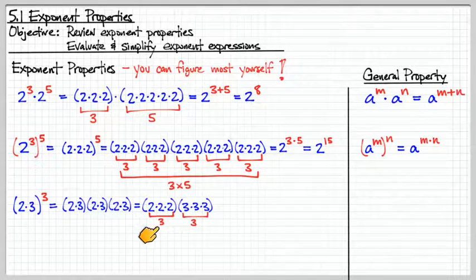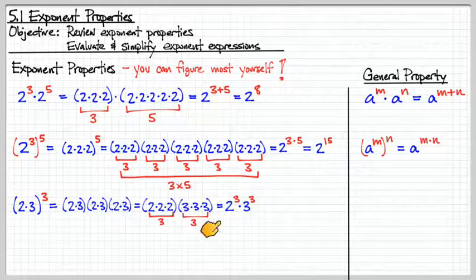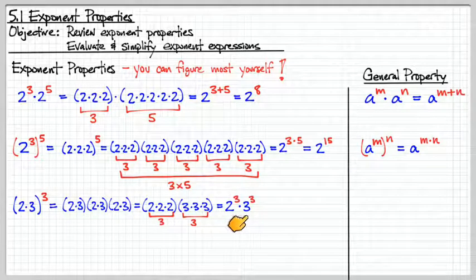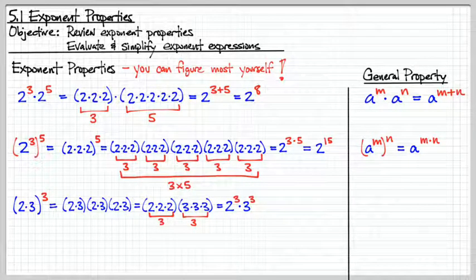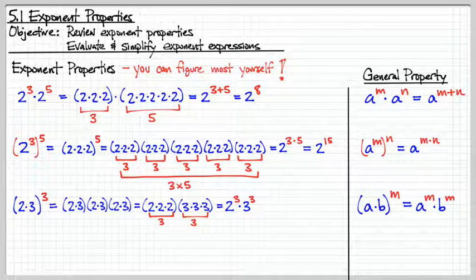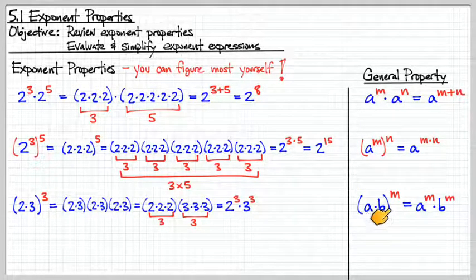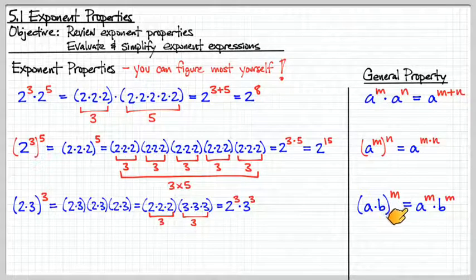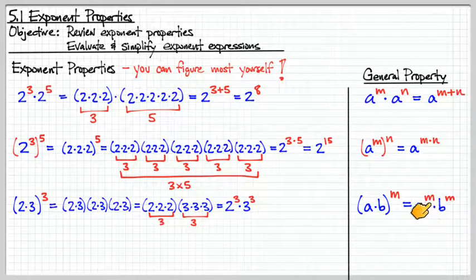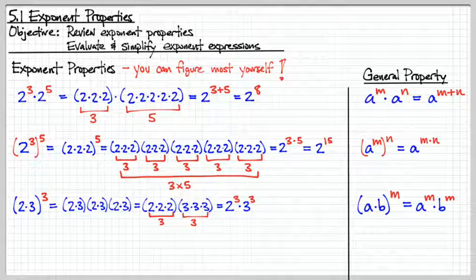Now I can write each of these as exponential terms, 2 to the 3rd times 3 to the 3rd. And now here we have another generalized property. Product of two numbers raised to the power is equal to a to the m times b to the m. You could think of it as distribution of this exponent across each one of these multiplicative terms.